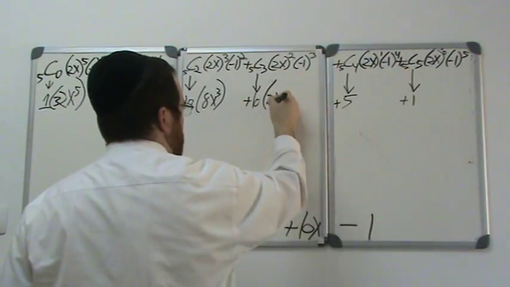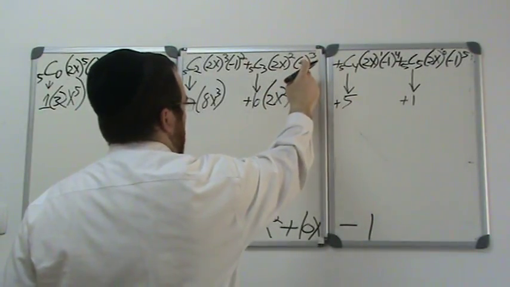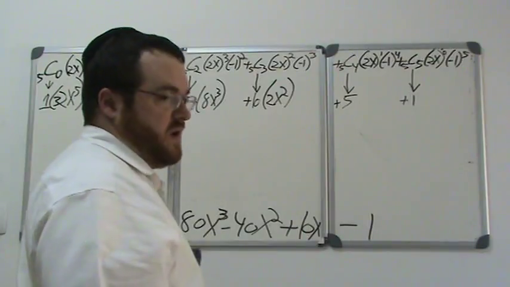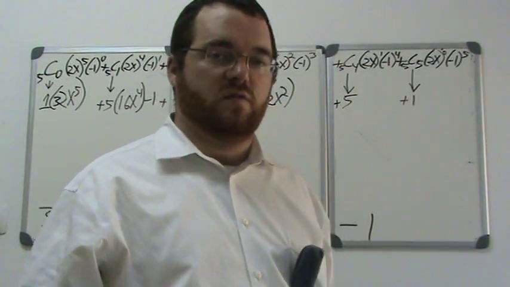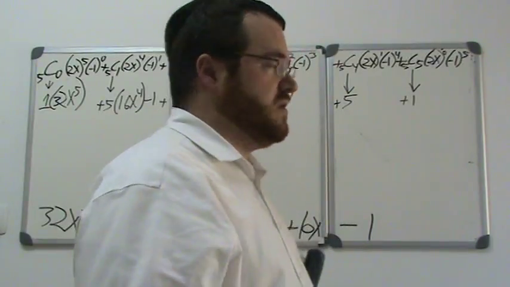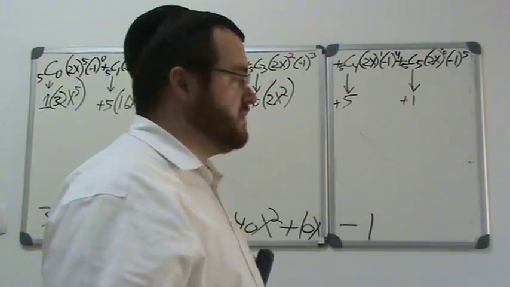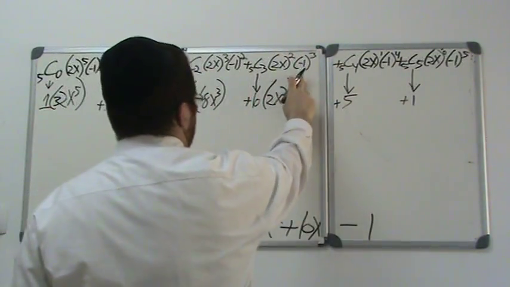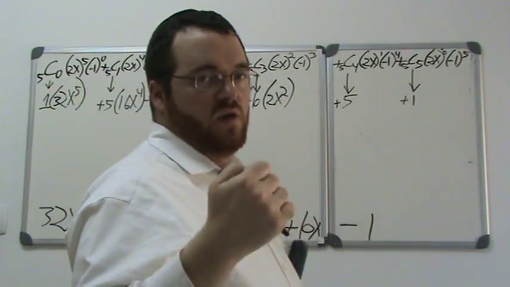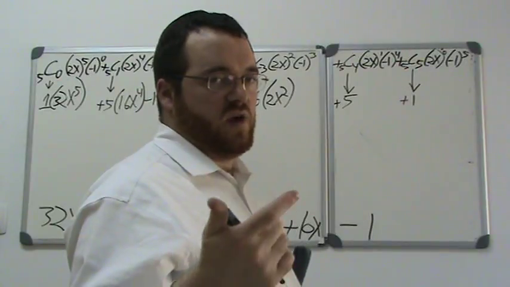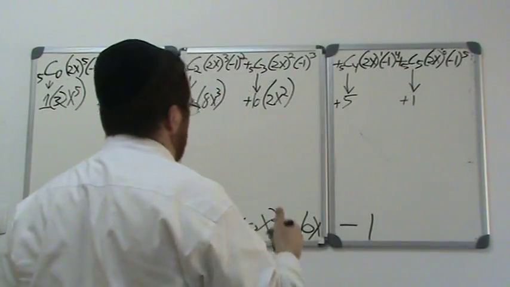So it's 2x squared. And if a negative number is multiplied an odd amount of times, it's negative. If it's an even amount of times, it's positive. So this is negative 1 multiplied 3 times: negative 1 times negative 1 times negative 1. Negative 1 times negative 1 is a positive 1, times another negative 1.